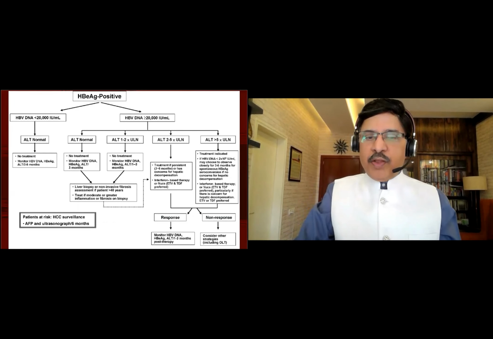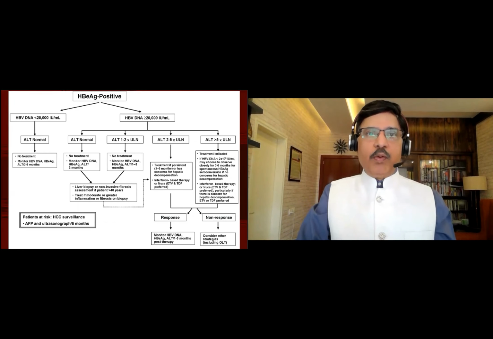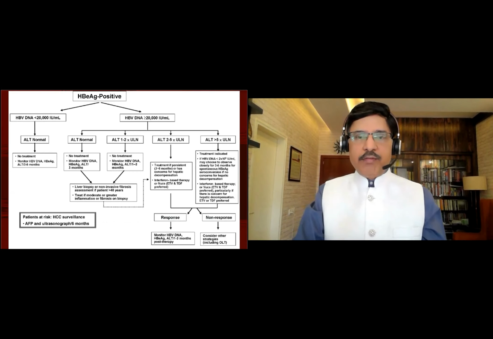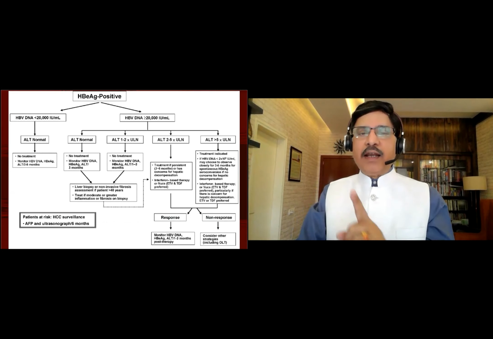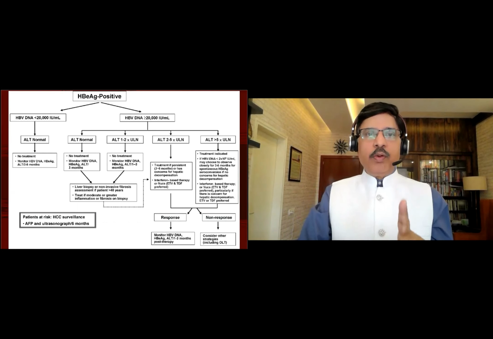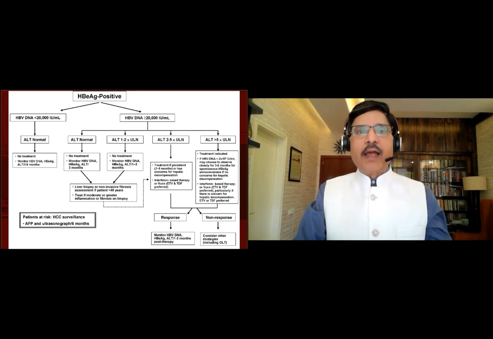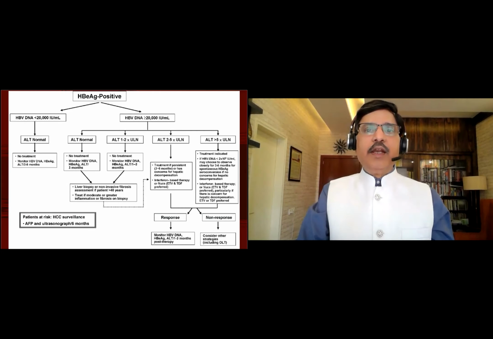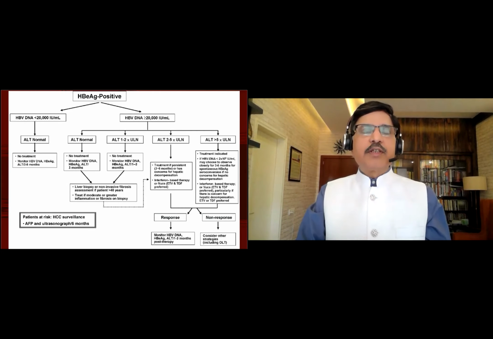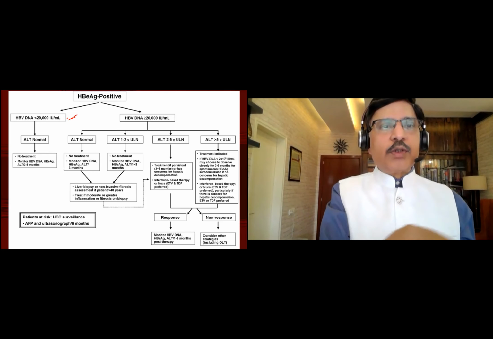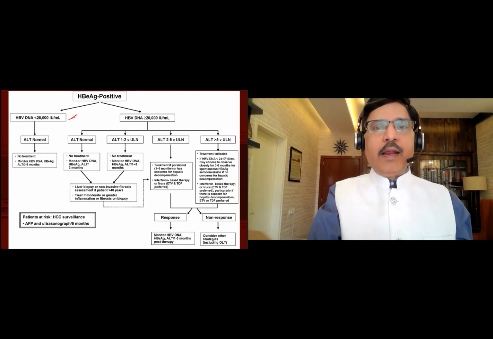Now, we are dealing with two types of people: those who are HBeAg positive and those who are HBeAg negative. I always told you, HBeAg is an indicator of the activity of the disease. When there is activity of the disease, I need to know whether the liver is really damaged or not. How do I know? I just do the hepatitis B DNA, less than 20,000 or more than 20,000.